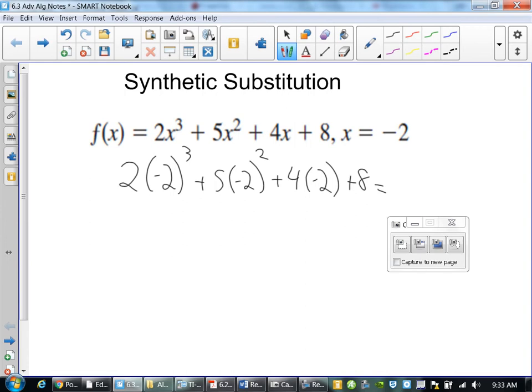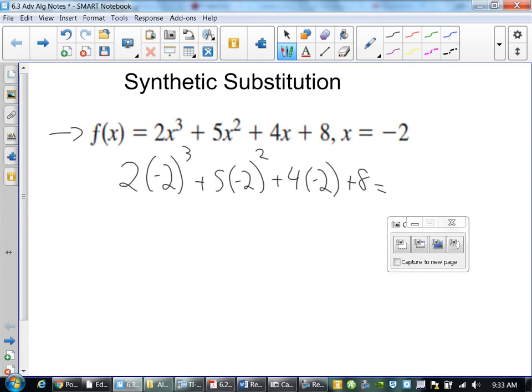So, there's a process. When you have a polynomial, it has to be in descending order. That's rule number 1. The second rule is that it has to have all possible degrees.